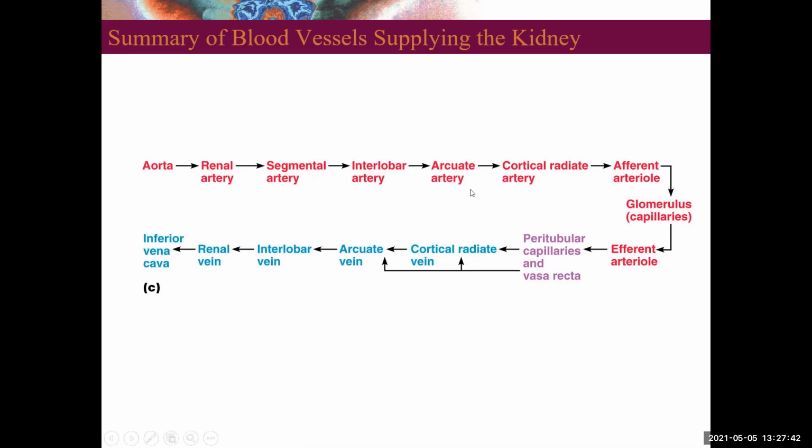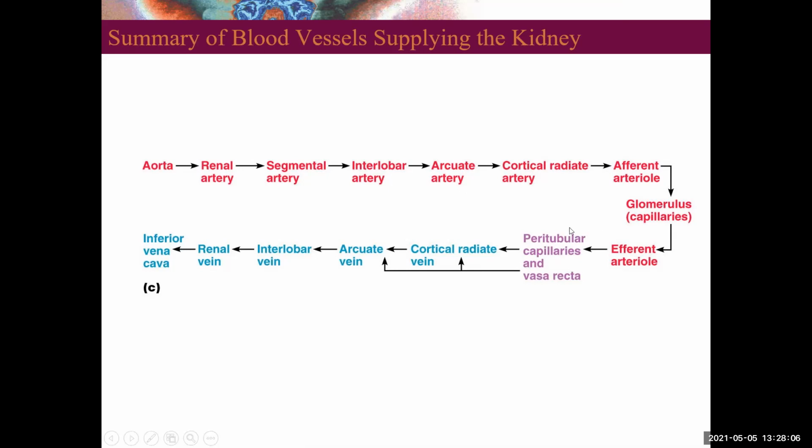Then radiating from the arcuate artery towards the cortex is the cortical radiate artery. Then the afferent arteriole feeds the Bowman's capsule, and that tuft of capillaries is called the glomerulus.